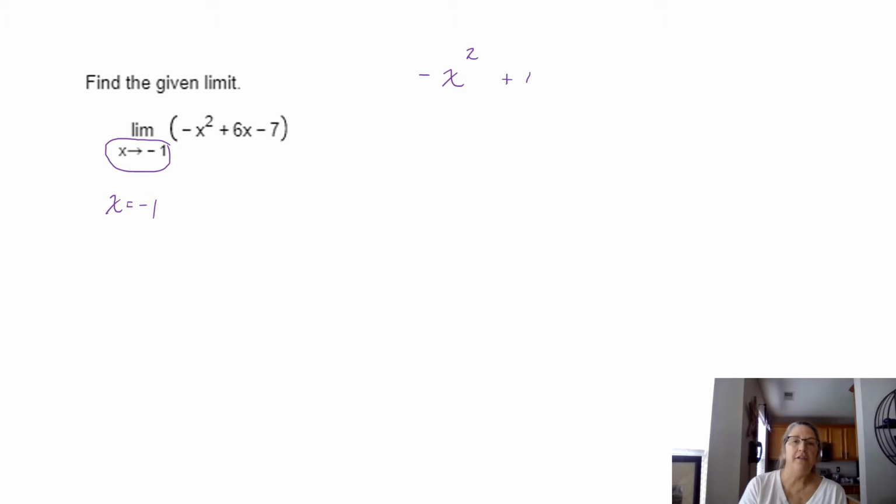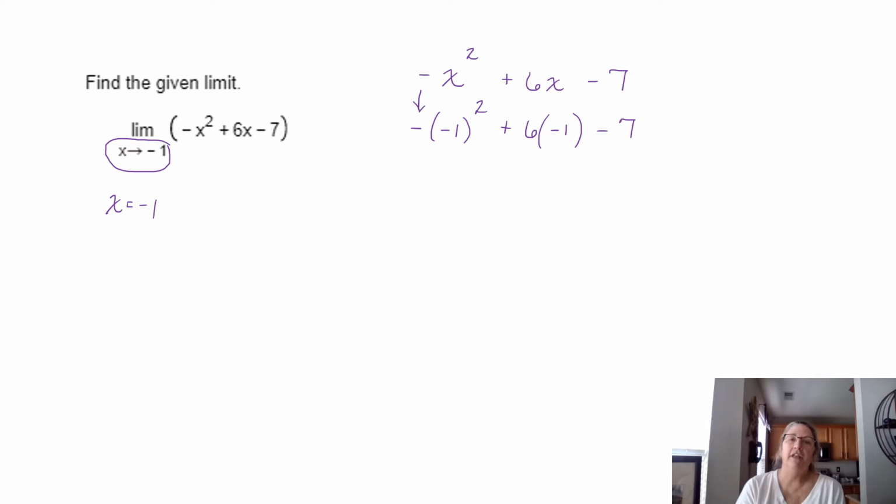One of the things that happens here is that people want to use this negative as the negative from 1, but it's not. It's a negative in front of the x, which is -1, to the second power, plus 6 times -1 minus 7.